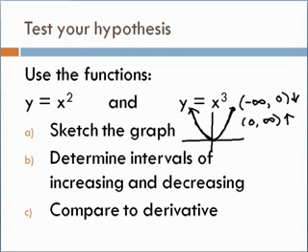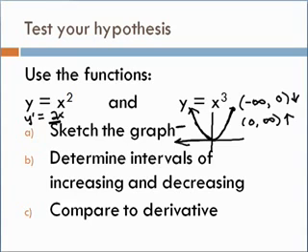So if my function y is equal to x squared, the derivative is 2x. And if I pick any number that's to the left of 0 here, and I plug it into the derivative, so I'm going to take a negative value for x, and when I plug it in, I get a negative number. So over here, on this side of the graph, it's always a negative number.